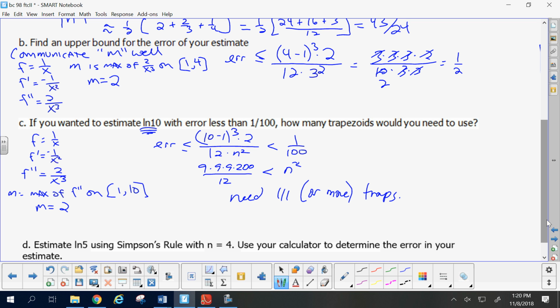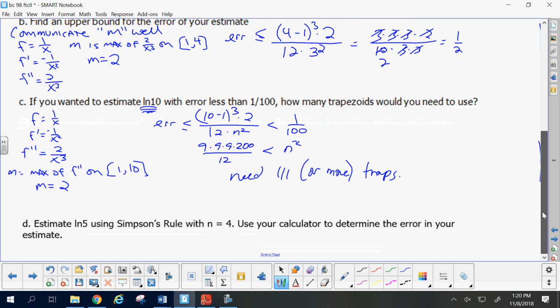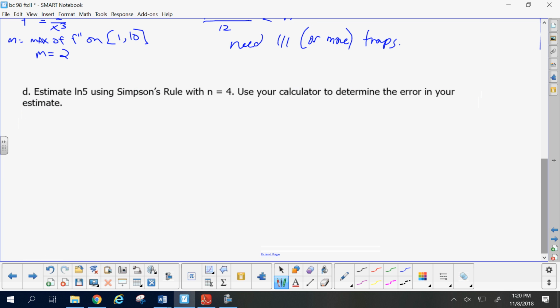Okay. Would you, last but not least, estimate the log of 5 using Simpson's rule with n equal 4? You should not need a calculator.